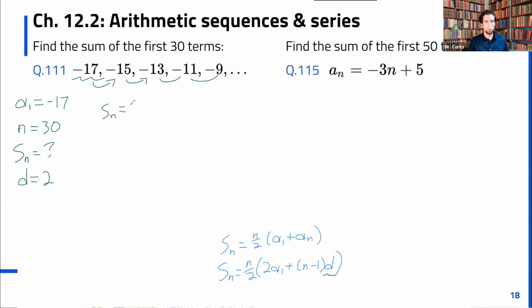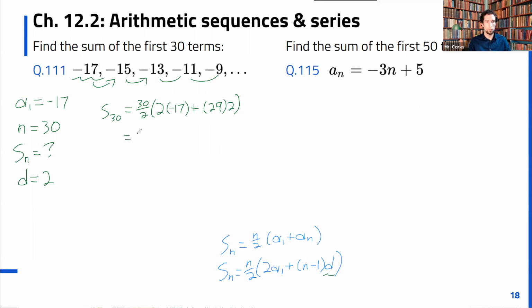S30 equals 30 over 2, 2 times -17 plus n minus 1, 29 times d, which is 2.